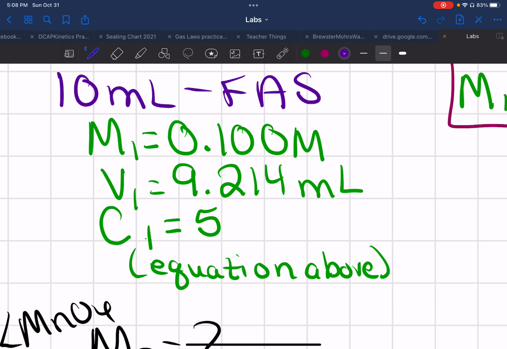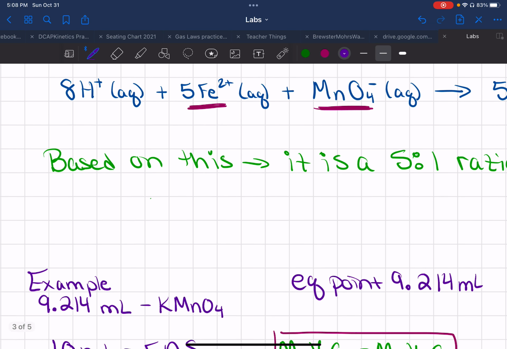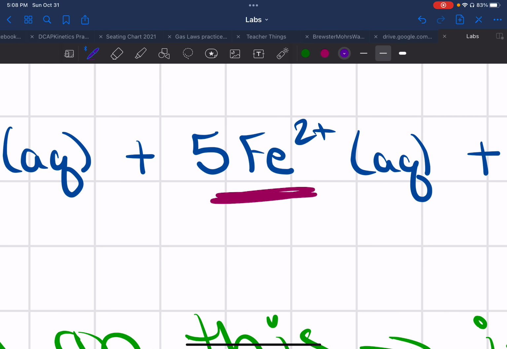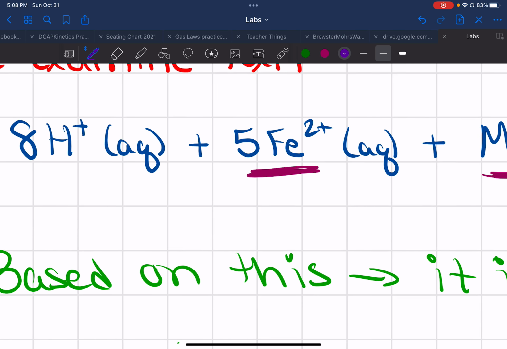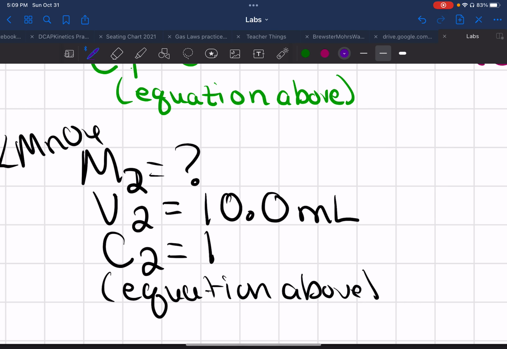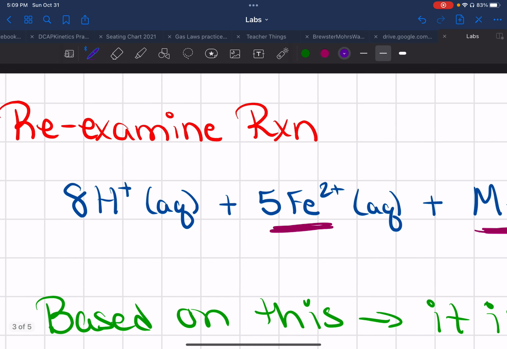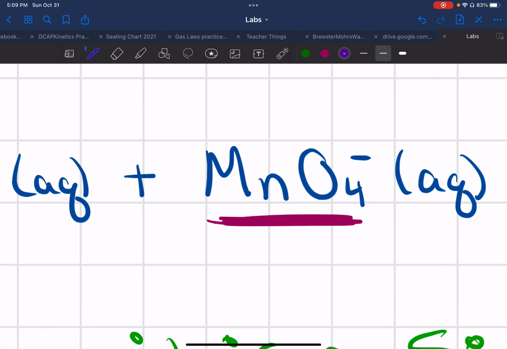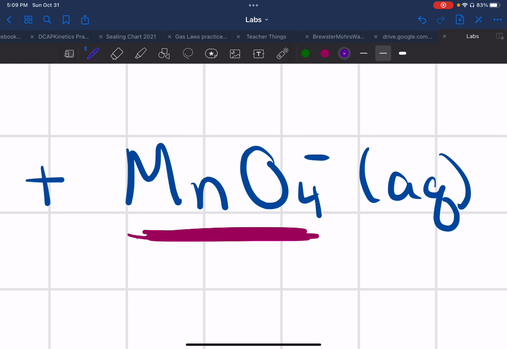And my C1 is a 5 because it comes from the equation above, and that's the number that's in front of the Fe. So again, I use 10 milliliters of KMnO4, that's my V2, and my C2 is a 1 because it comes from the equation, and there's a 1 in front of there.